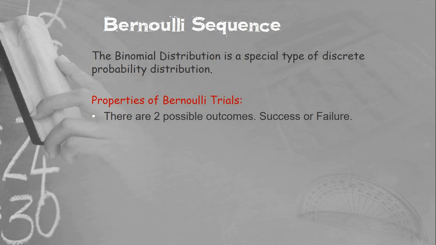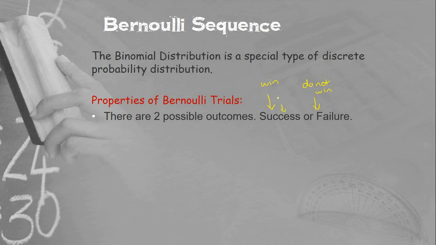So the first thing that we look for is that there are only two possible outcomes, success or failure. So what we mean by that, for example, it could be that you win a game. In that case, our failure would be that you do not win. I'm not going to say lose because that doesn't take into account a draw. Okay, so either you win or you don't.